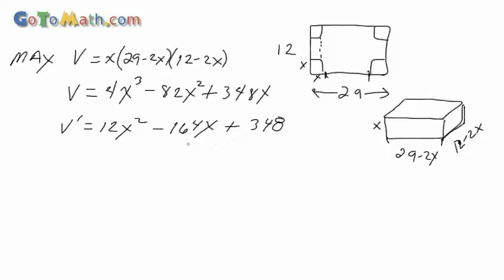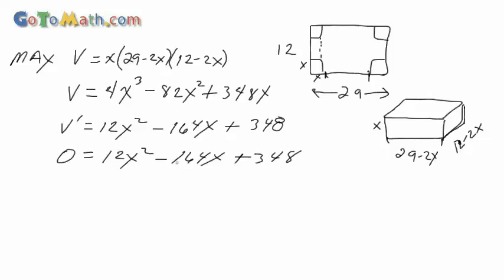That would be the derivative, and then we set this equal to 0: 12x squared minus 164x plus 348, and solve for x.